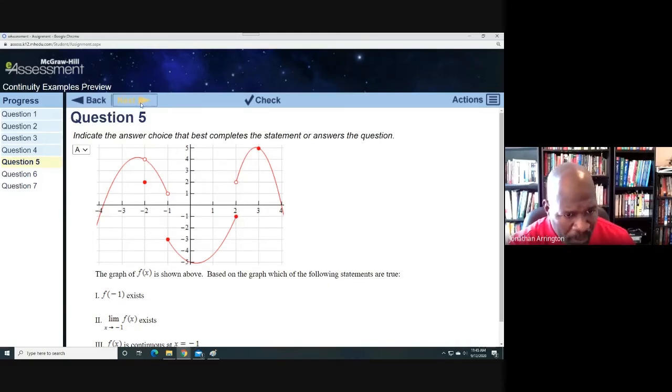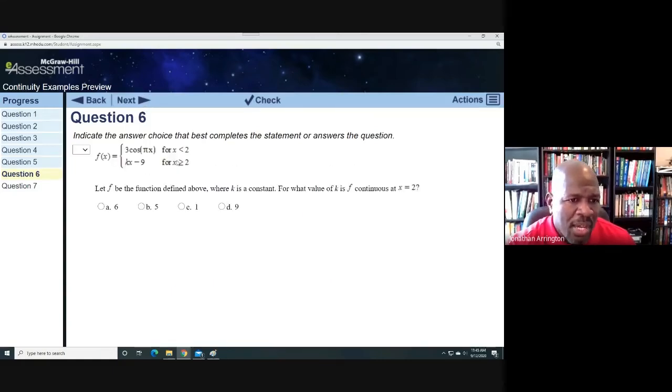So I want, basically for this problem, I want to find the value of k that will make both of these equal. Again, this value that's less than 2 is the left side. This value that's greater than or equal to 2 is the right side. And so for it to be continuous at x equals 2, I need these pieces to be equal.